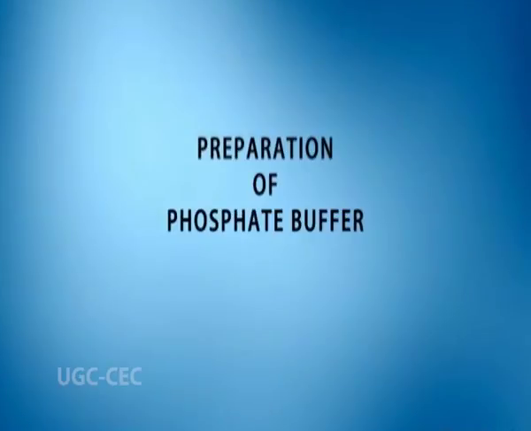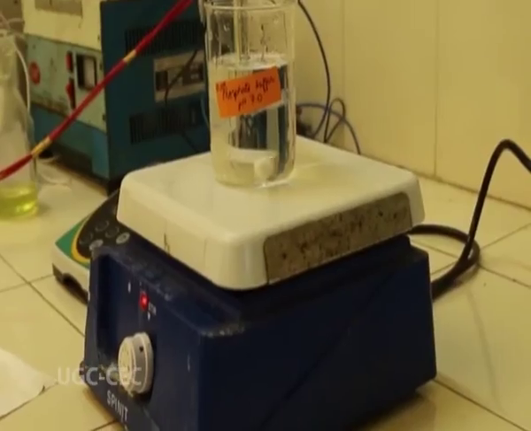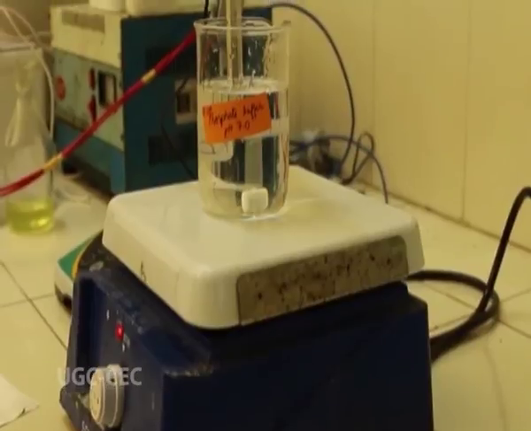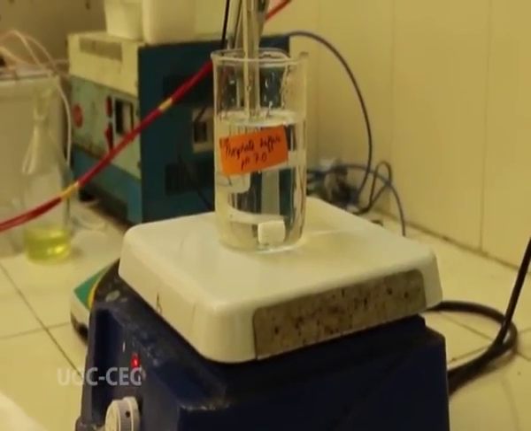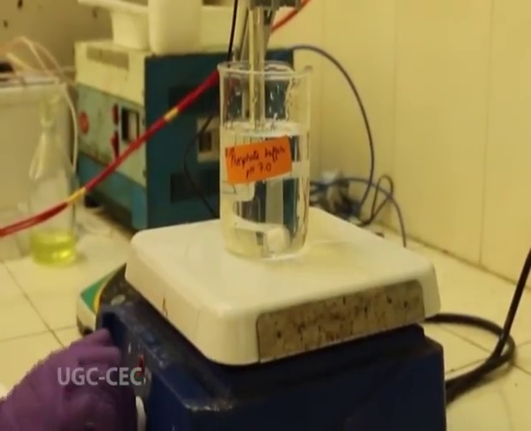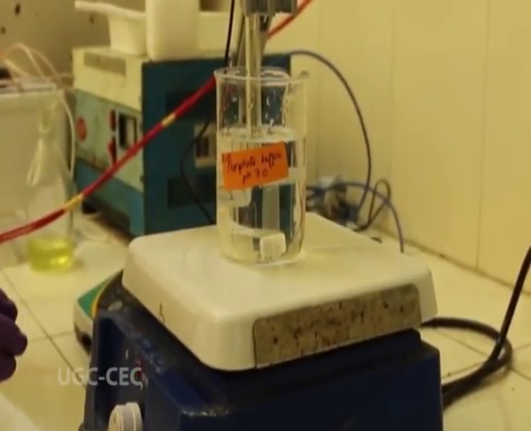Now coming to preparations of phosphate buffer. A phosphate buffer solution is a handy buffer to have around, especially for biological applications. Because phosphoric acid has multiple dissociation constants, we can prepare phosphate buffers near any of the 3 pH values, which are at 2.15, 6.86 and 12.32.